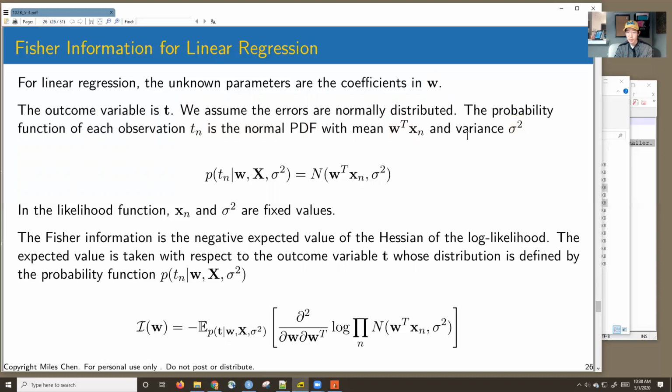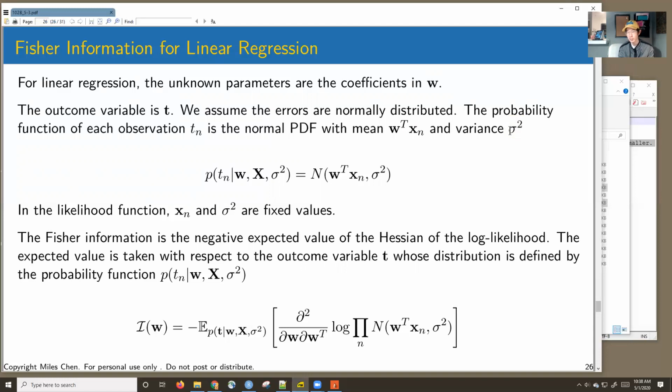So W transpose X, or if you do it for all of the variables, the big matrix XW, is the function in the population that defines the relationship between X and T. But there's also noise or error, and that noise has variance sigma squared.